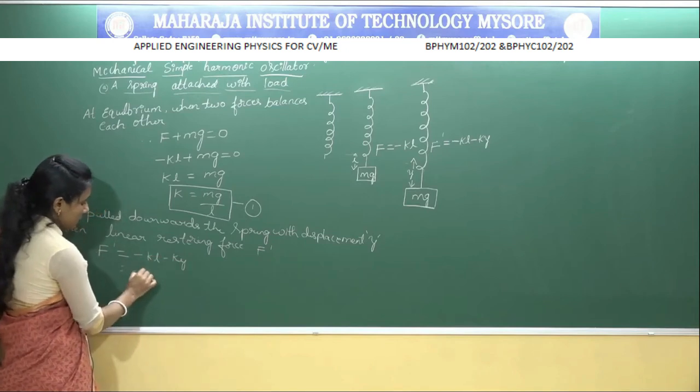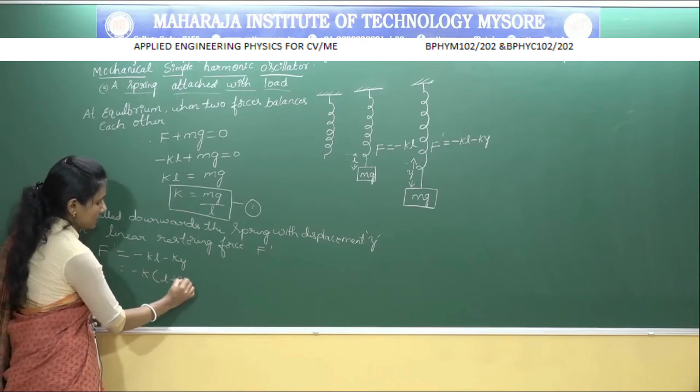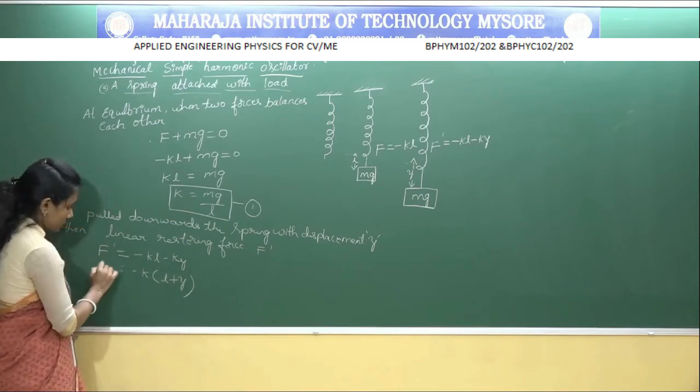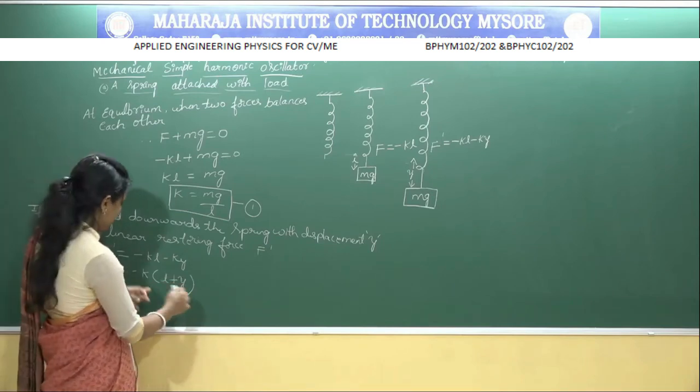Here minus K is common, so taking it outside, we can write this as minus K of L plus y. So this we are getting here.